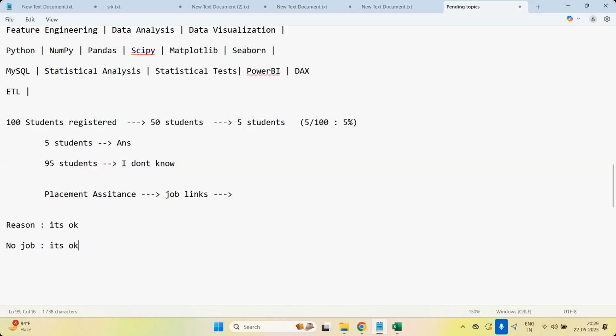When you say that there is no job, I'll also say simply, it's okay. Don't worry, you'll get one more in the future. When you are postponing, why should the job not be postponed? Your postponement is correct, but the job's postponement is wrong. What is this logic? Simple point.